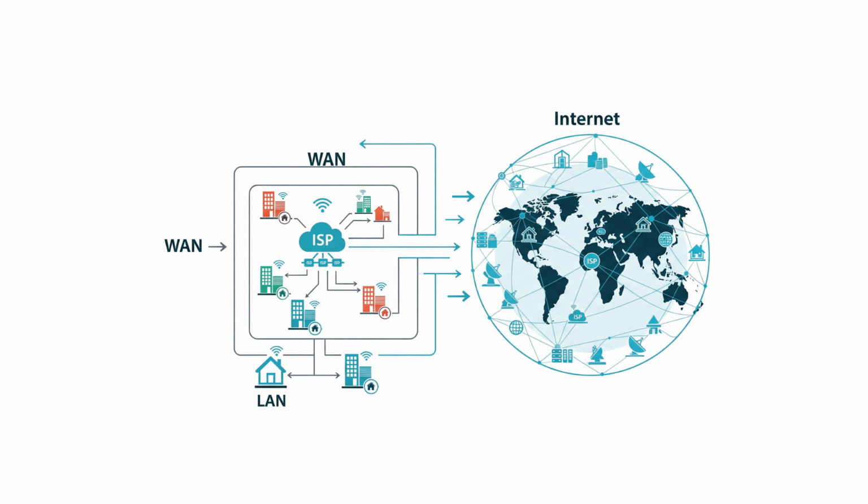LAN, WAN, and the Internet. There are three fundamental layers of networking. LAN, or Local Area Network, covers a limited geographic area, such as a home, office, or campus. It provides high-speed connectivity among devices and is usually under private or institutional control. WAN, or Wide Area Network, connects multiple LANs over larger distances, like different cities or countries.